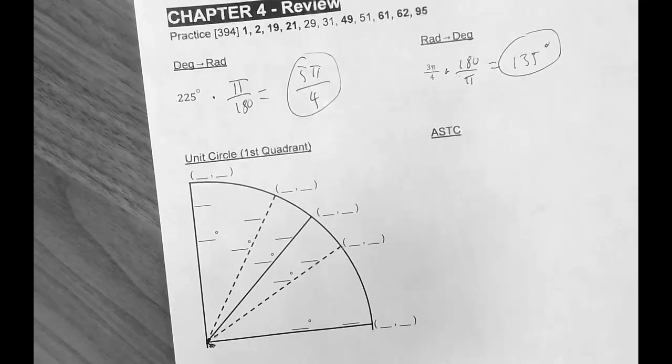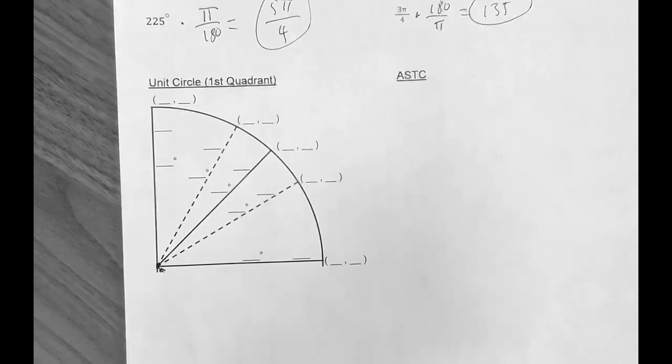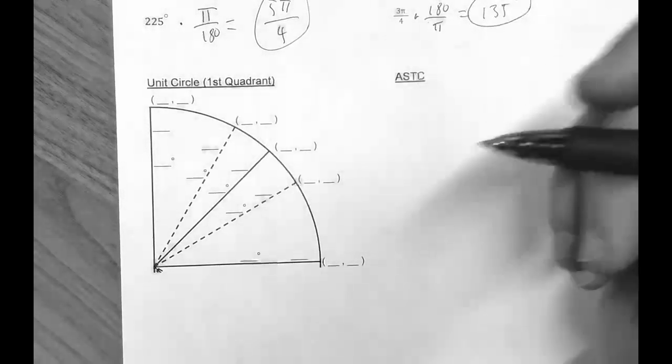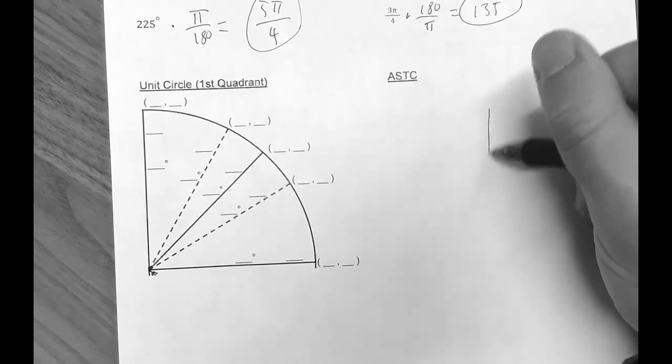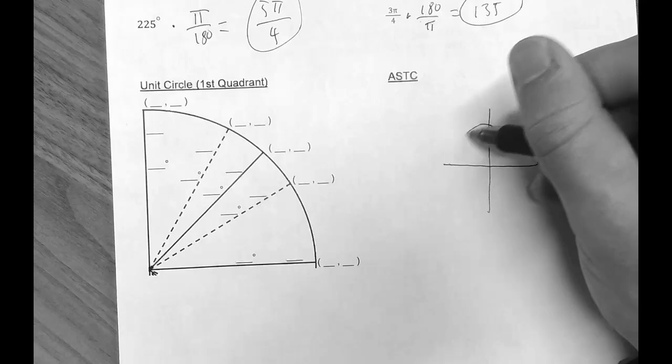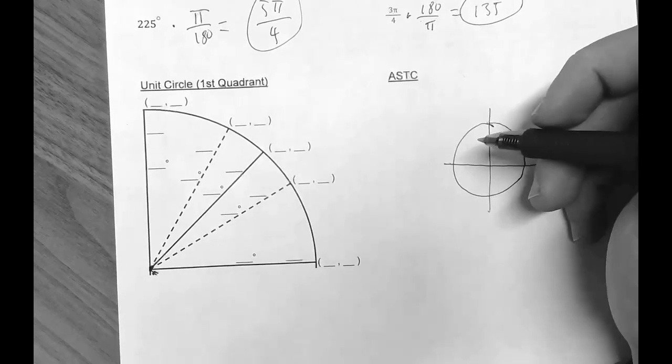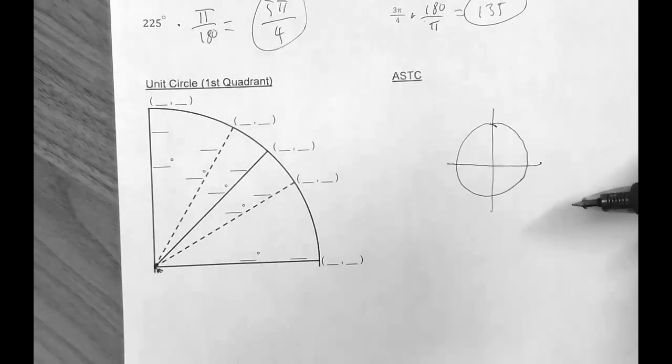So, unit circle first quadrant. Let's go over this and make sure you understand what's going on. And then I'll draw another unit circle here to the right. So you are good to use a unit circle on your test.